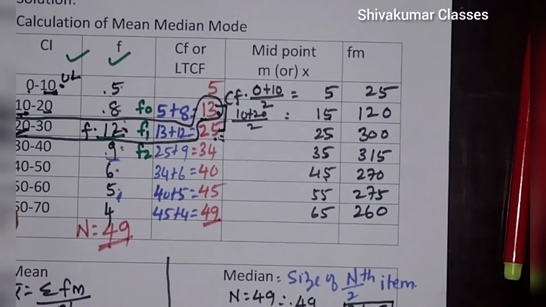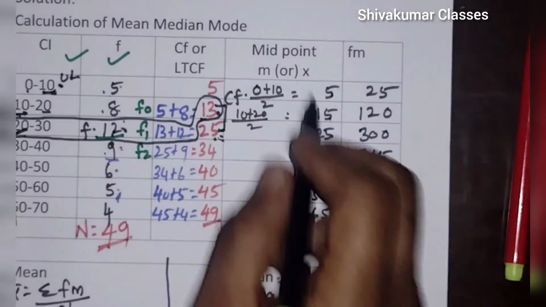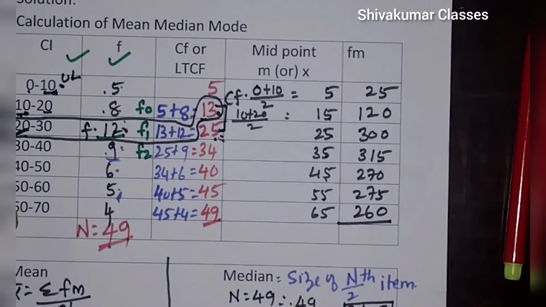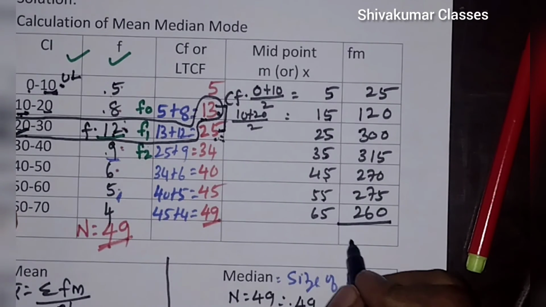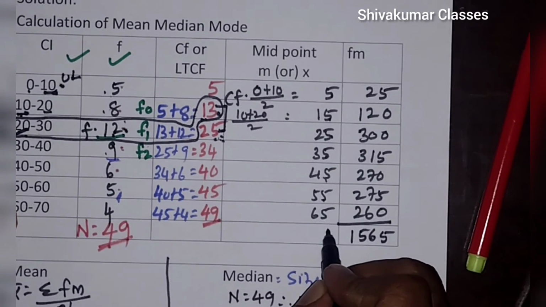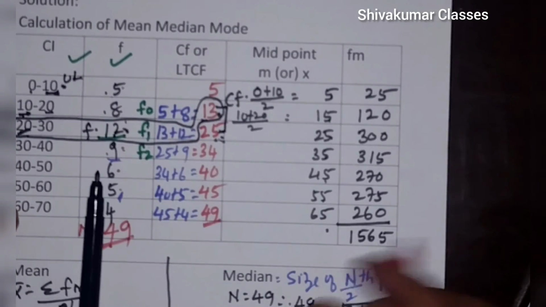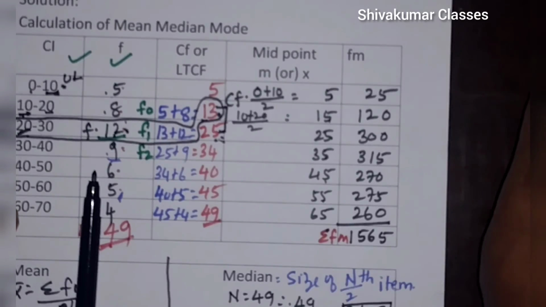The multiplication is over. Now we need to total this up. The total we get is 1565. This is called summation FM.